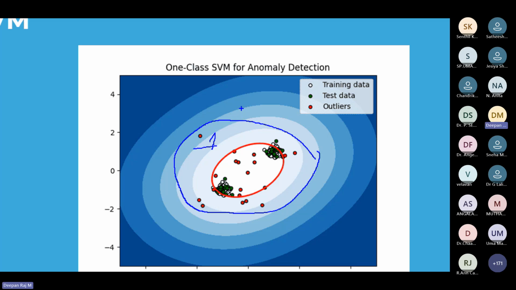Whatever data which is away from this can be termed as class 2. So this is also, I would say, kind of better compared to k-means clustering, because k-means clustering relies on clustering information, and if you don't have enough data in cluster points, you might not end up having better clusters and better distance. But support vector machines are proven to be a little successful, as in this case.